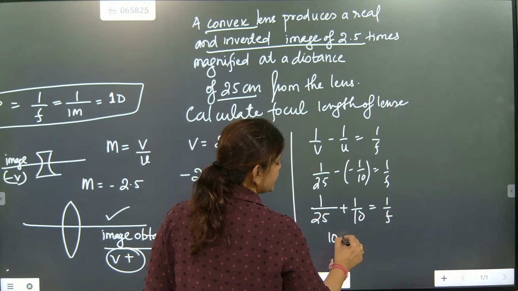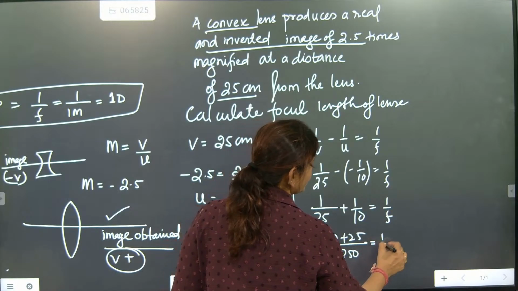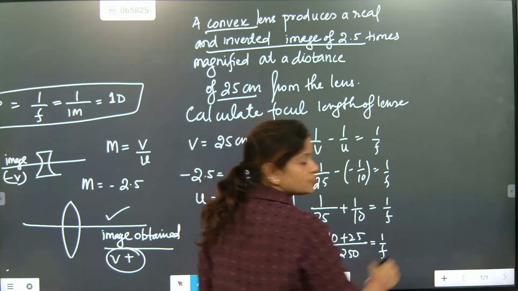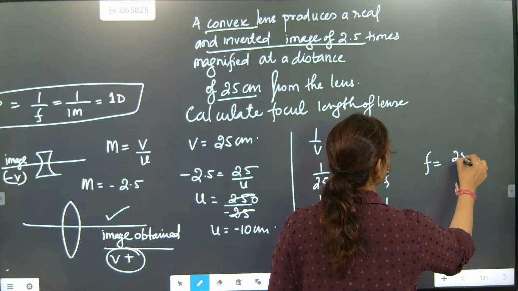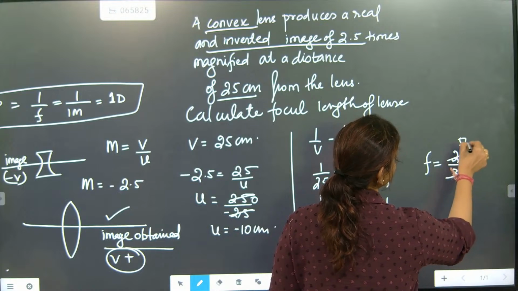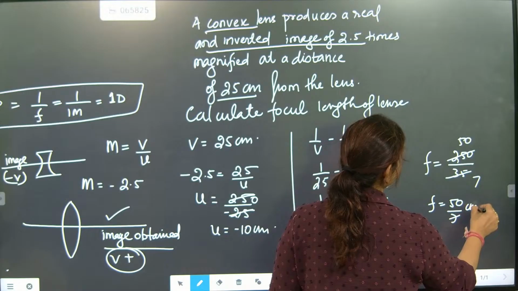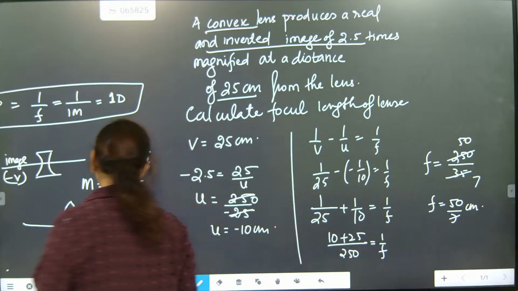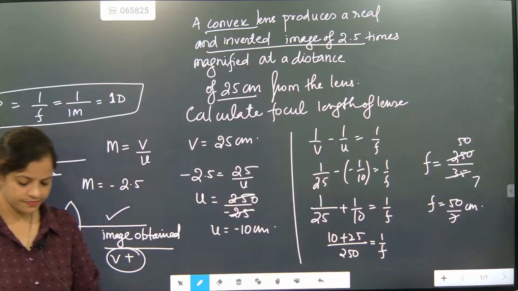So here it will become 10 plus 25 by 250 is equal to 1 by f. Understood or not? So focal length is always positive. So here it will come 250 by 35. So here it is coming as 50 by 7. So focal length is coming as 50 by 7 centimeter. Note down, focal length is coming as 50 by 7 centimeter. Do it, please.